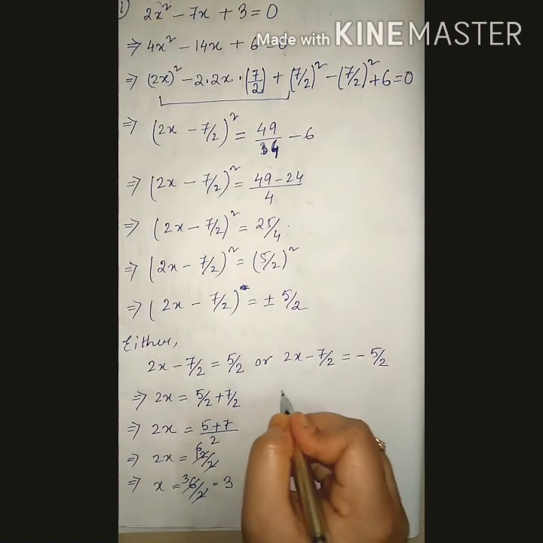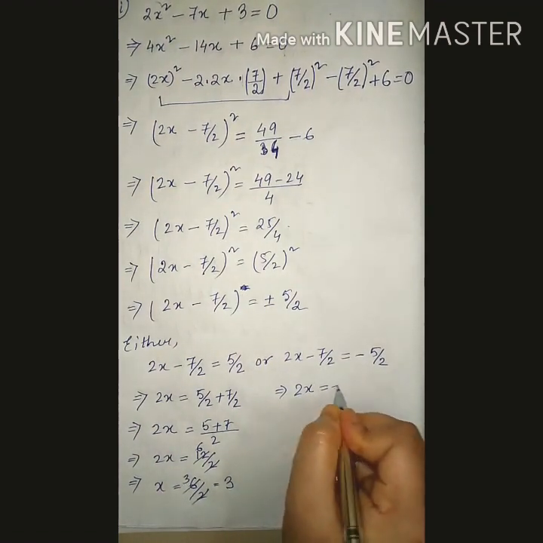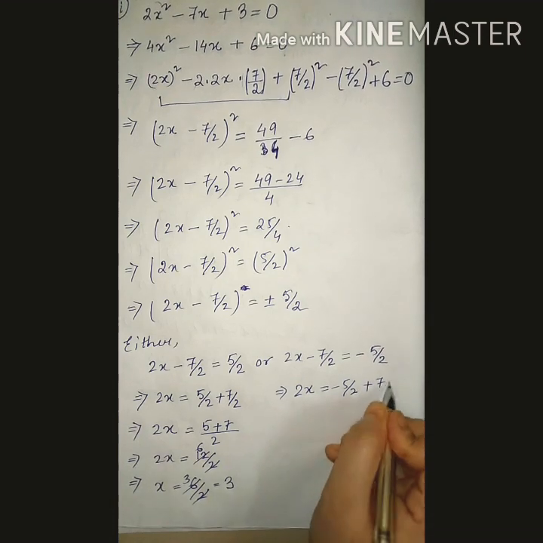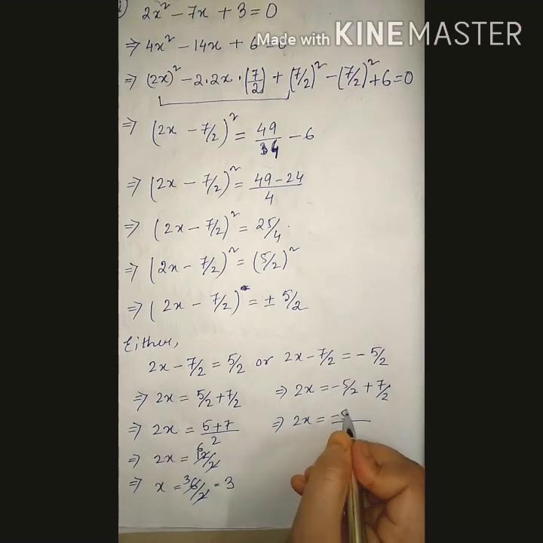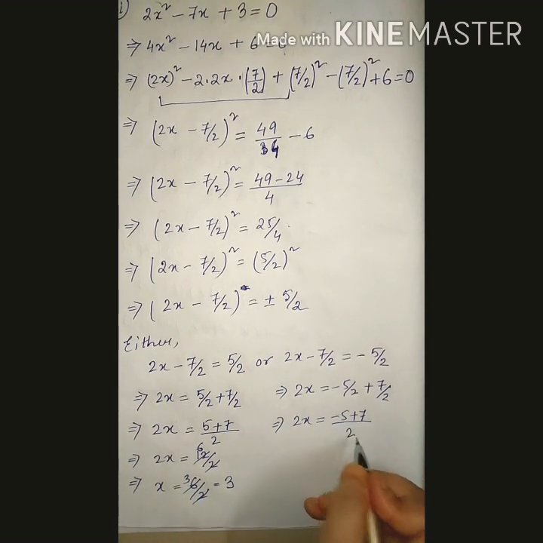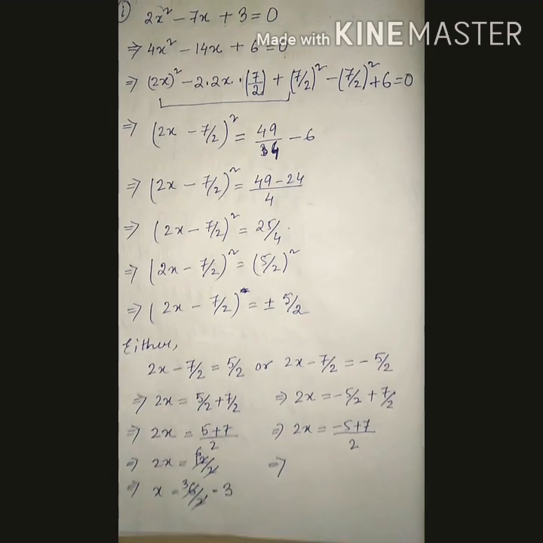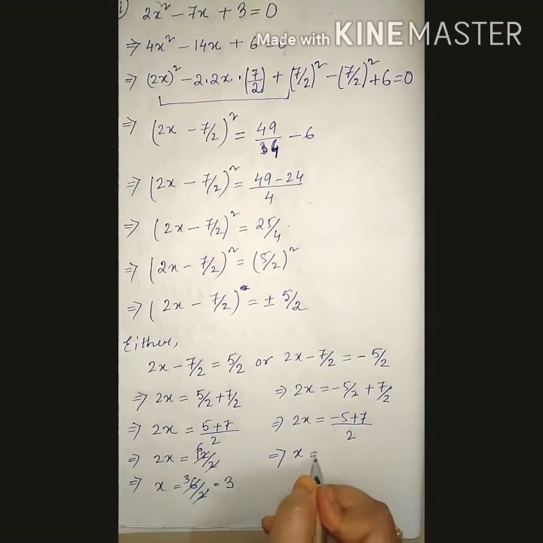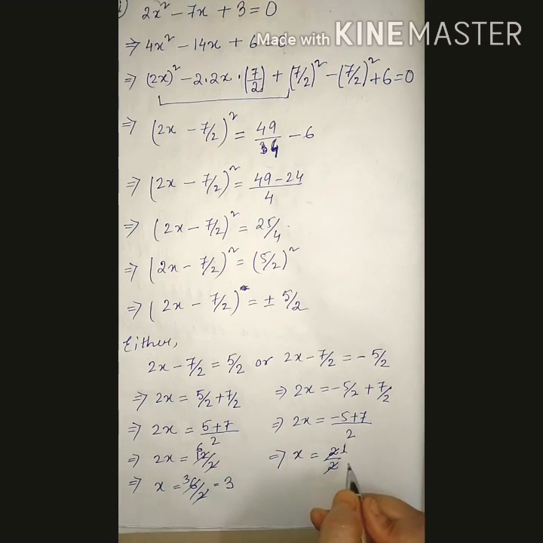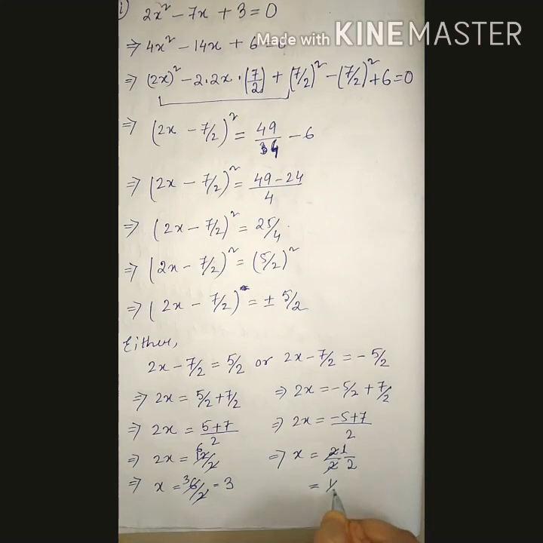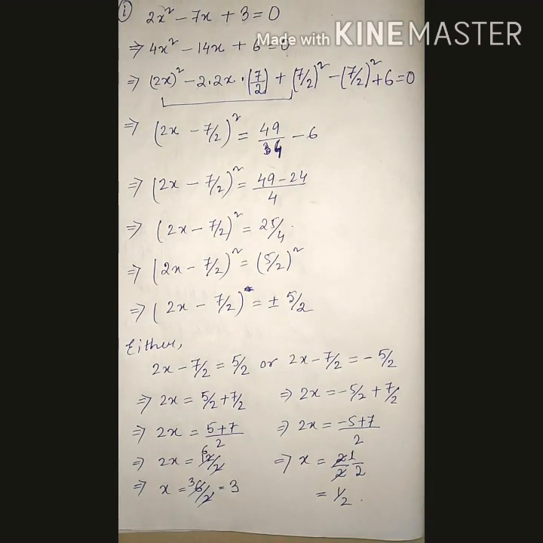Similarly this side, 2x equal to -5/2 + 7/2. So 2x will be equal to (-5 + 7)/2. Then x will be equal to what? Above you will get 2 by 2, cancel 1, and this 2 will come in the denominator, it will be this half. So clear? These are the solutions, x equal to 3 and x equal to half.